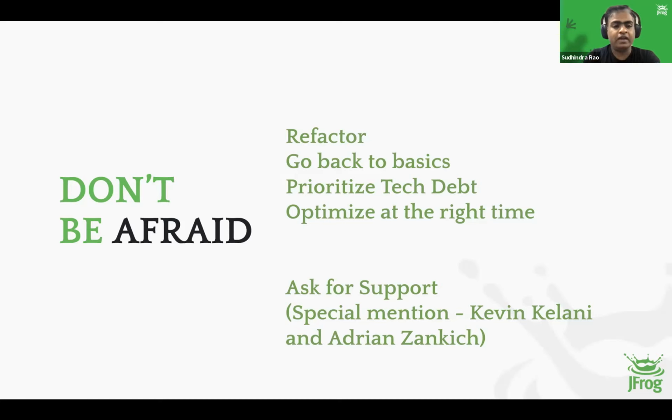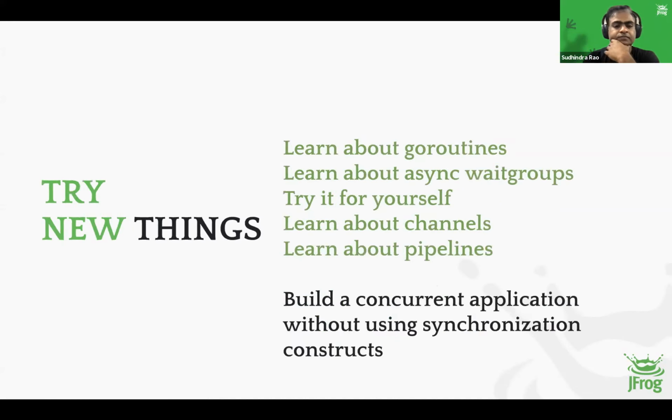But I had a couple of people on my team, Kevin and Adrian, who encouraged me to do this, and they were there to support me in making the shift from my Ruby thinking to Go thinking, which I'm really appreciative of. So find such people. I think there will be some on your team, and don't be afraid to try new things.